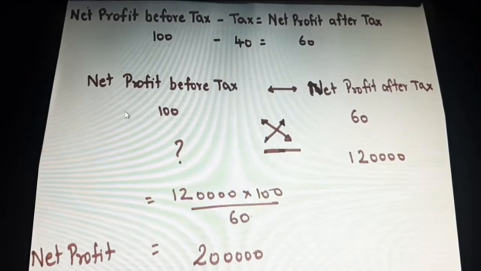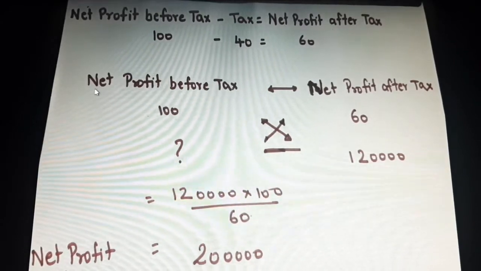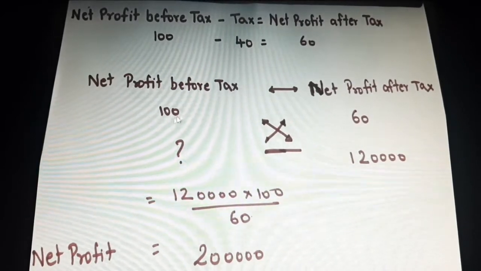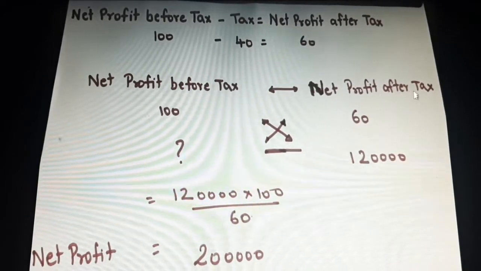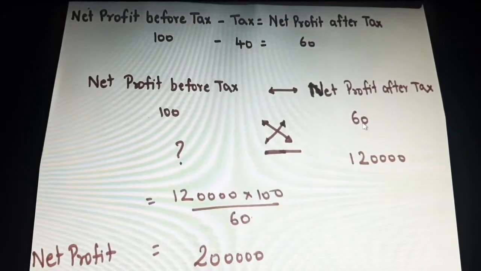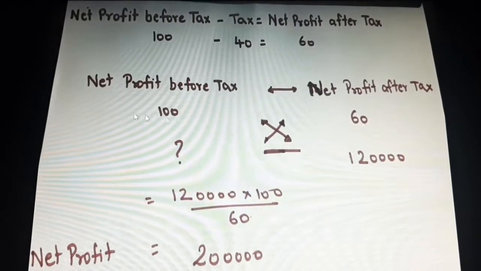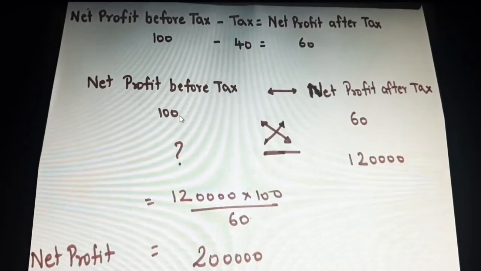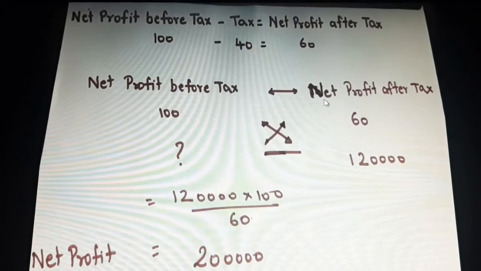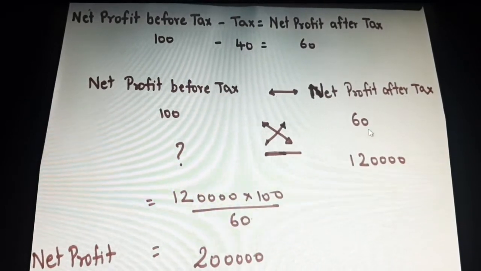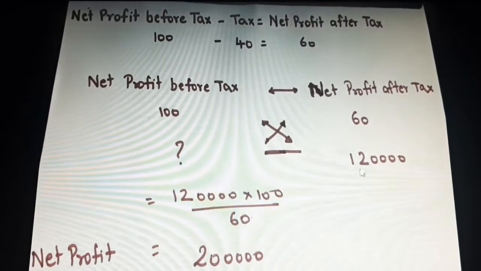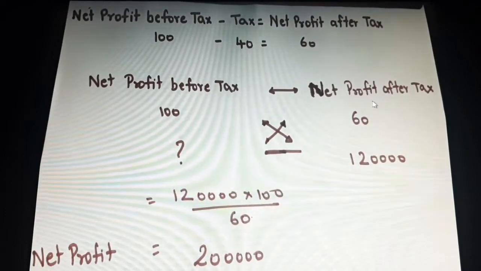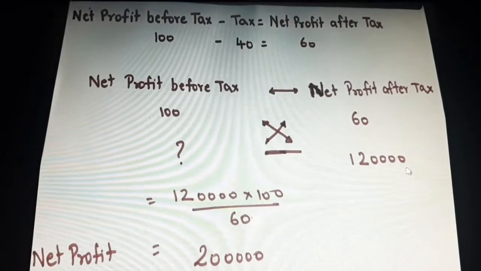Now let us put it in an equation. When net profit before tax is 100, net profit after tax is 60. Net profit before tax you have assumed at 100. After paying 40 rupees as tax, you got net profit after tax 60. It is given in the question that net profit after tax is 1,20,000.